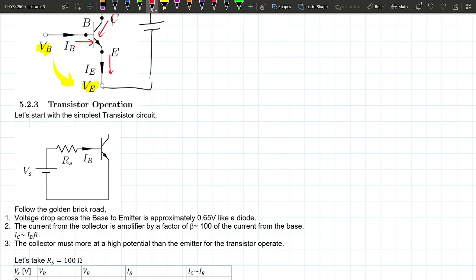This assumes we already supply a bigger voltage source to the collector, so that we're obeying rule number 3. Let's see what happens.